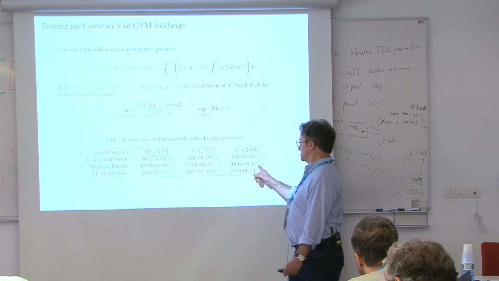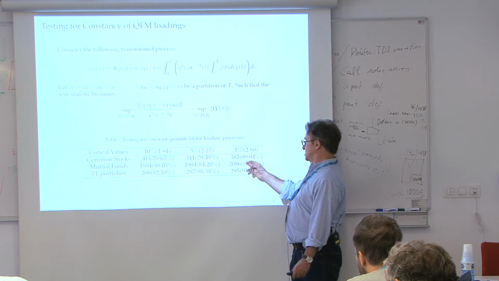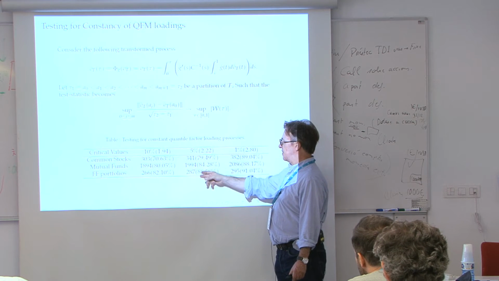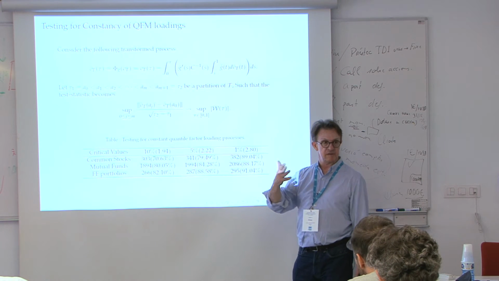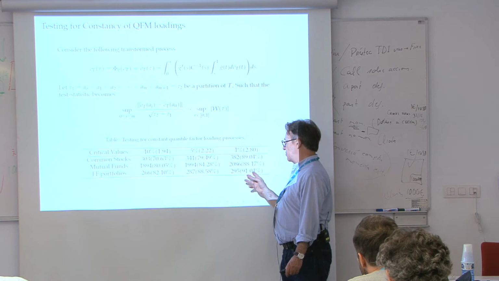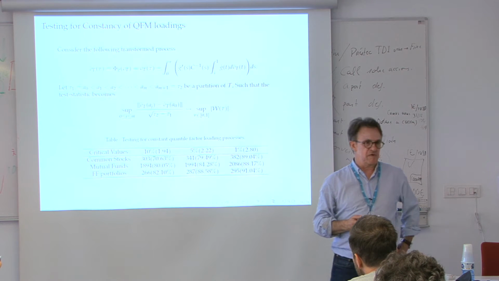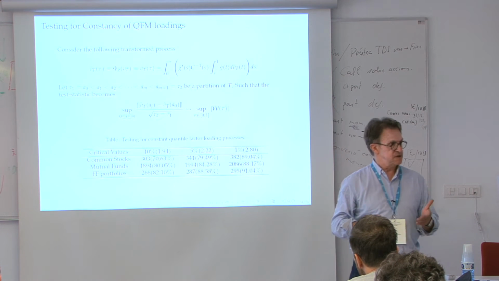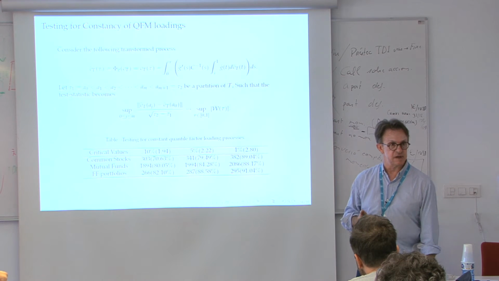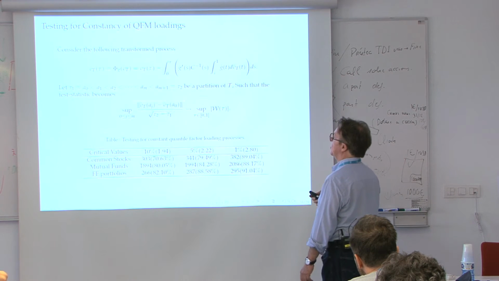For the funds, at 1% it's still 11%, at 5% it's still like 16% that reject the null. And for the Fama-French portfolios, it's basically 90% that don't reject the null.